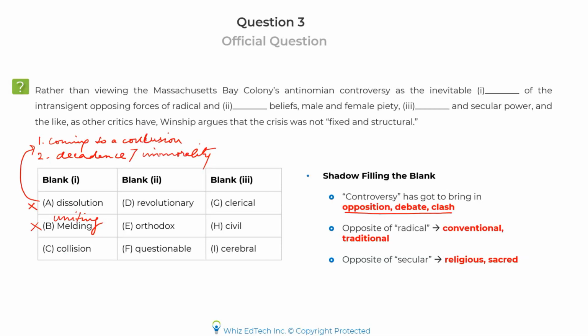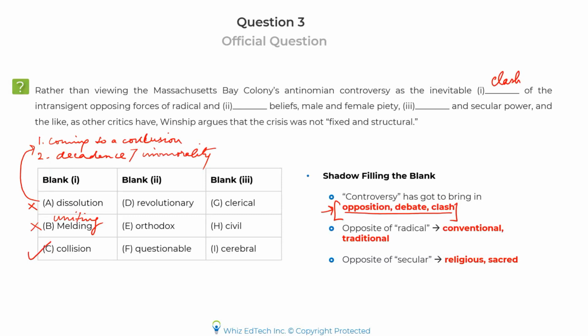And of course, even if you don't know the meaning of dissolution, because a lot of you did not get the meaning right, if you're shadow filling, you know that we are looking at an inevitable clash, or inevitable collision. Collision is clash.